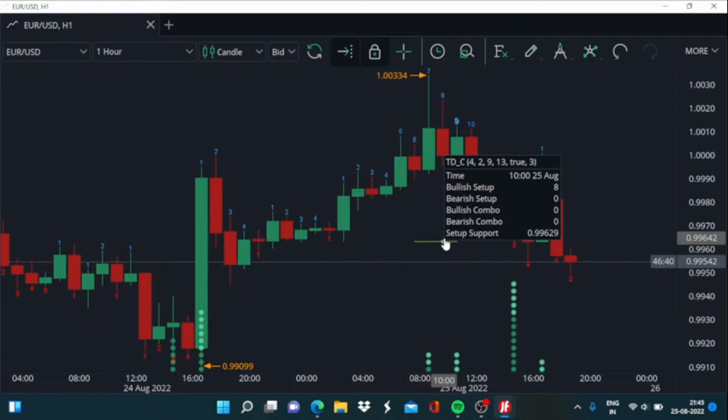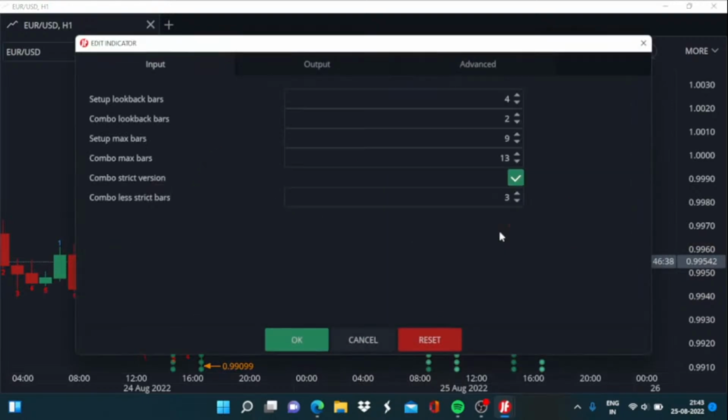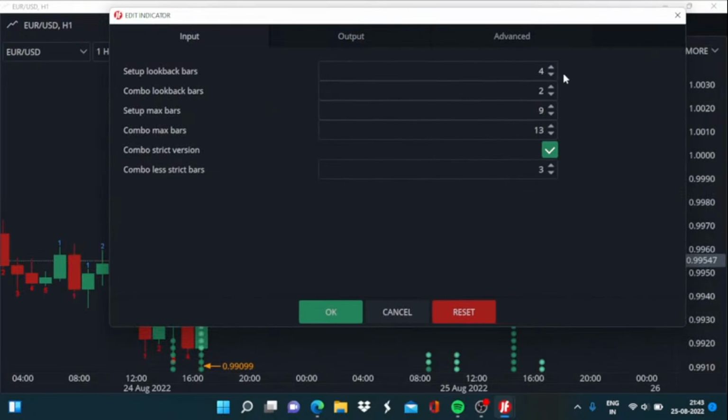Now let's see what we can do with the editing options provided to us on this TD combo indicator. So here we have these steps defined for us. The straight up look back bars are for, as I said, if the current candle close is above or below the closing value of the candle with a look back period of 4, then we will have the continuation of the trend in the same direction.